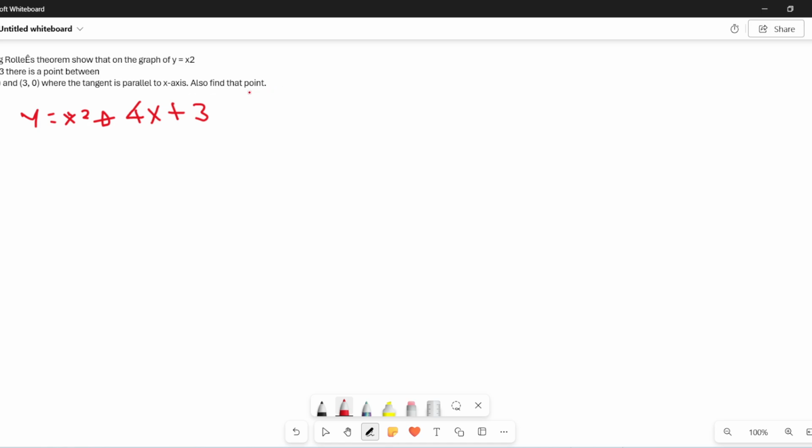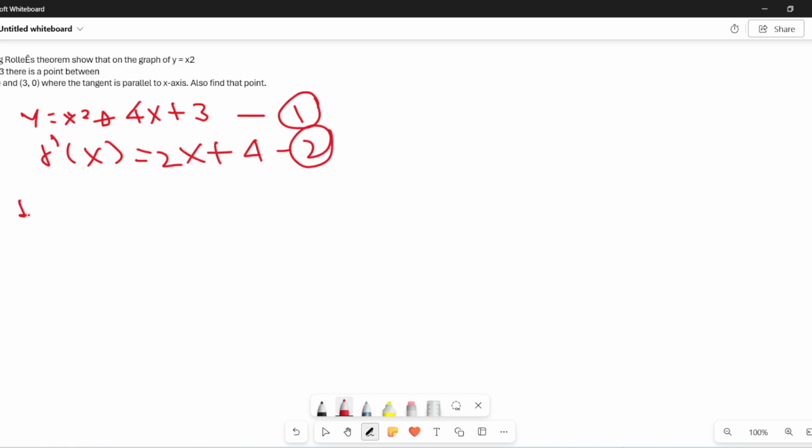Also find that point. The function is given as x² - 4x + 3, and we have to find f'(x), which will be 2x - 4.